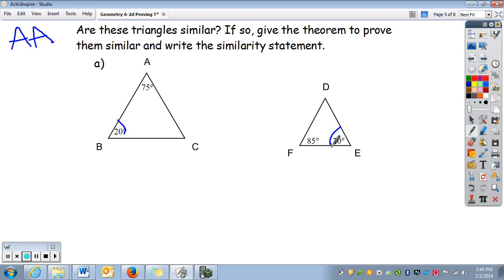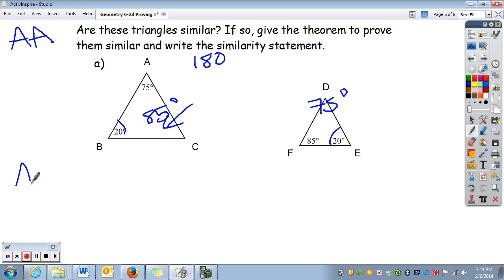So initially it looks like they're not, but we could figure out what this angle is. So we can use our 180 rule to minus 20, which is 160, minus 75. It comes out to be that this angle is actually 85 degrees. Well, then that makes this one 75 degrees. So we have similar.